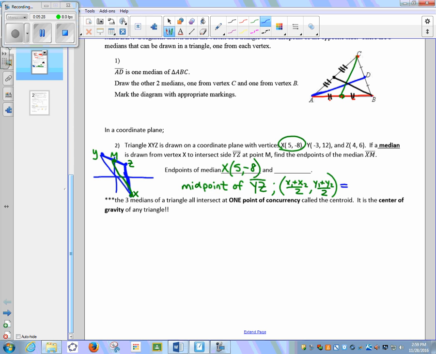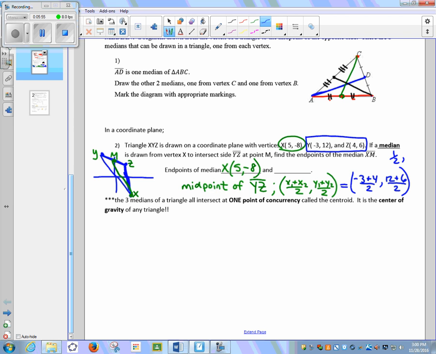So in this case, we're finding the midpoint of YZ. We're going to use these two coordinates, add the x's. That's -3 plus 4 over 2. And add the y's, 12 plus 6 over 2. Well, -3 plus 4 over 2 gives you a positive 1/2.